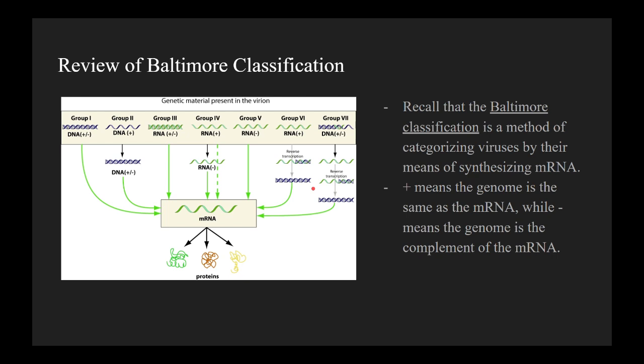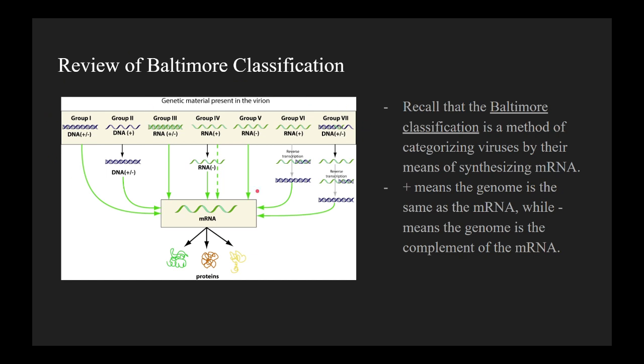Before we get into the non-phages, the viruses that infect humans, we're going to do a brief review of the Baltimore classification system, which is a method of categorizing viruses by the way that they get to the mRNA stage before they make proteins.